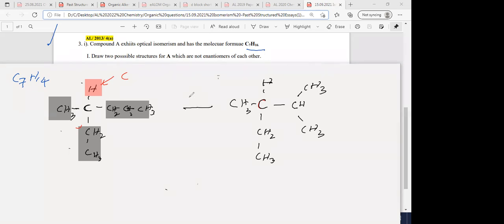So these are the two structures, both optically active, but they are not enantiomers of each other. Enantiomers means mirror images. They are not mirror images of each other, but they are two different optically active isomers for the structure of compound A. Compound A is C7H16, both have the same formula, but both are optically active compounds.